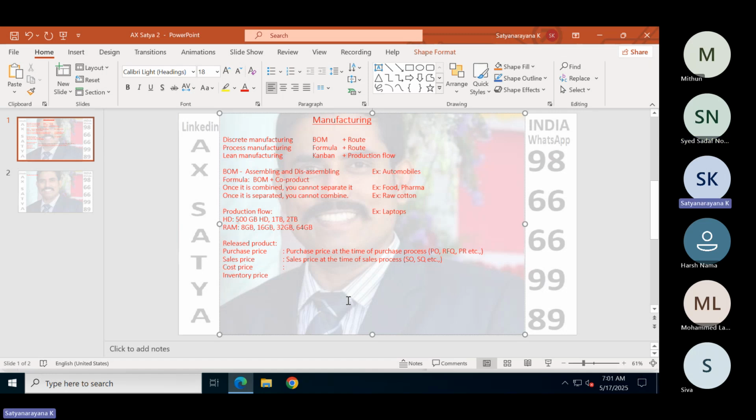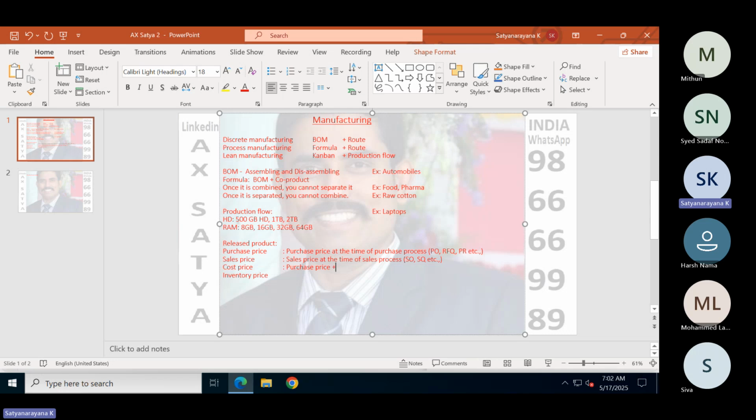No, I'm purchasing and selling. Suppose I'm purchasing laptops and I'm selling laptops. At that time, what is cost price? Simple example. I'm purchasing washing machines and I'm selling washing machines. This is my business. Okay. Then what is cost price? Cost price to maintain that stock.